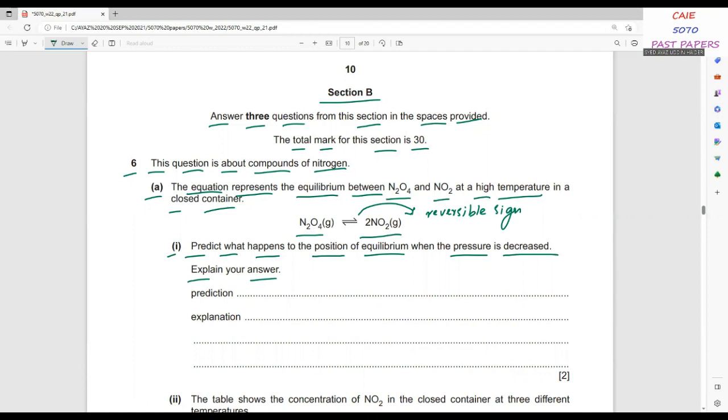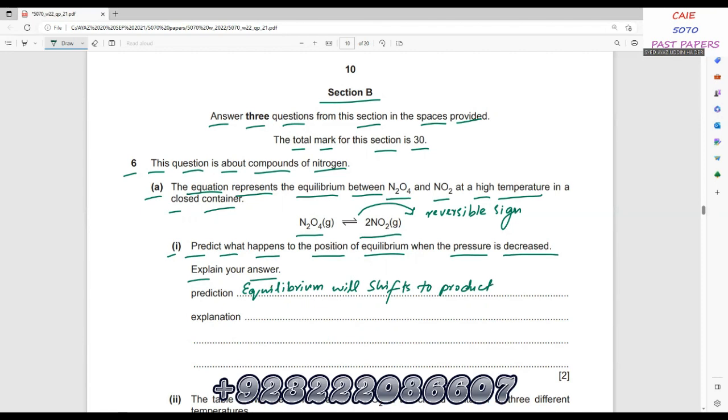So if you look at this equation, we have a high number of moles or volume of gases on the right hand side, or the product side. So equilibrium shifts to the right hand side, the product side.